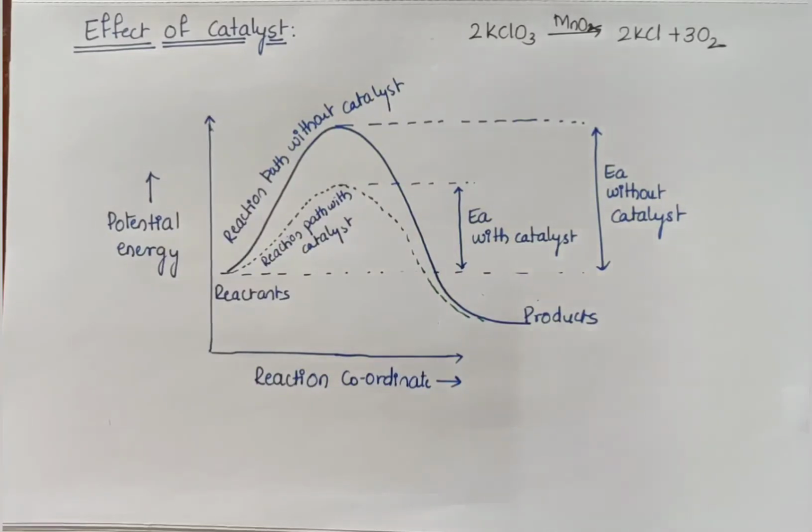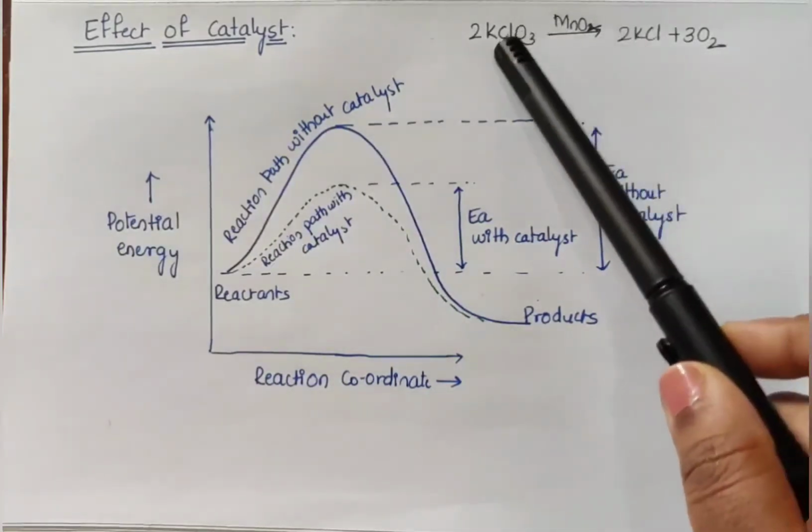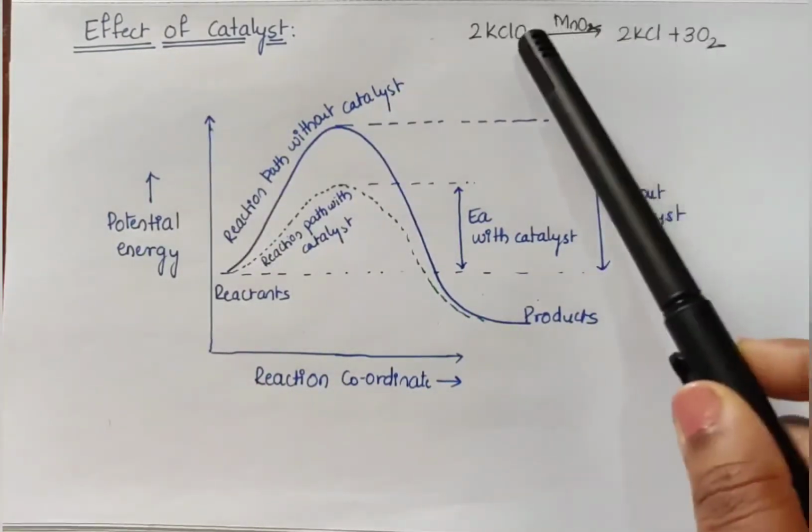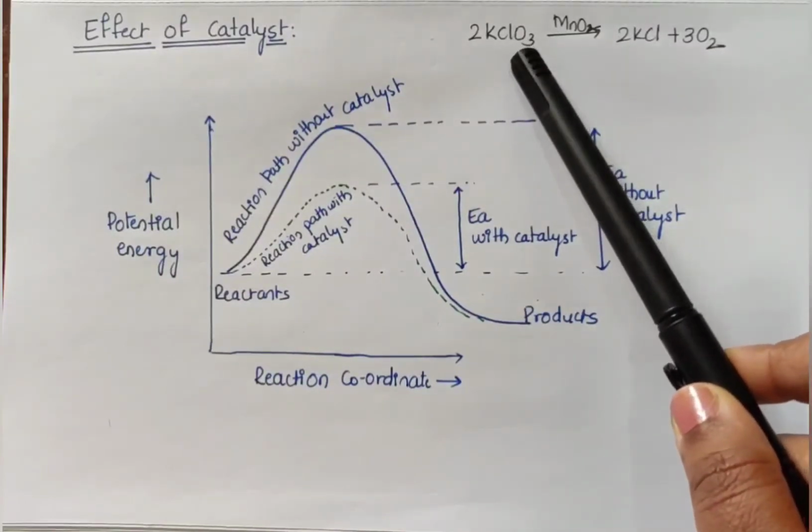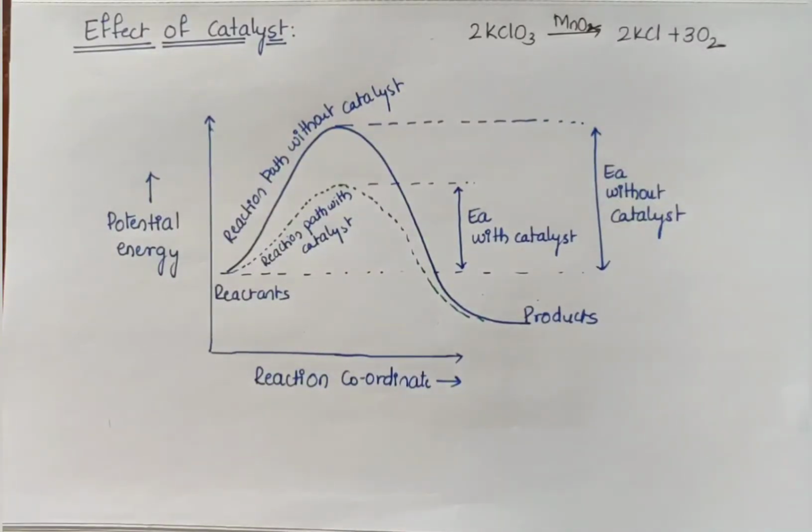You can see here one example of a catalytic reaction. Decomposition of potassium chlorate occurs in the presence of MnO2. Here MnO2 is acting as a catalyst which increases the speed of decomposition of potassium chlorate to give potassium chloride and oxygen.